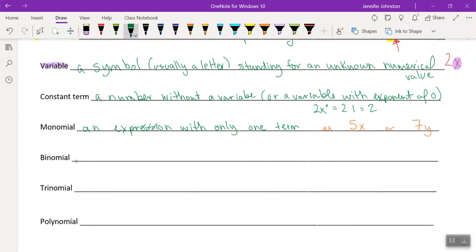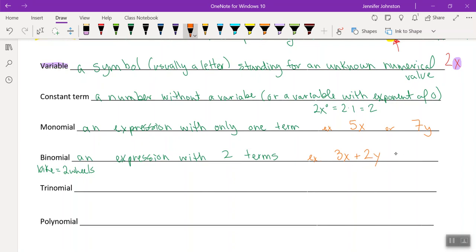A binomial now, just like a bicycle, a bike has two wheels, is an expression with two terms, you guessed it. So for instance, here we could have something like 3x plus 2y.